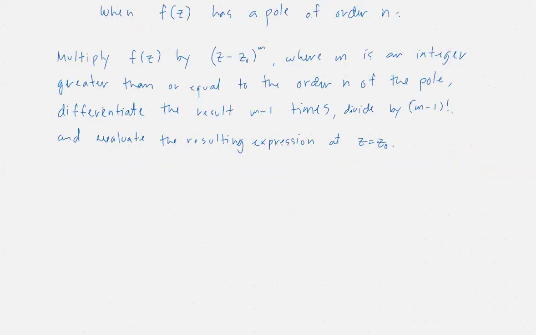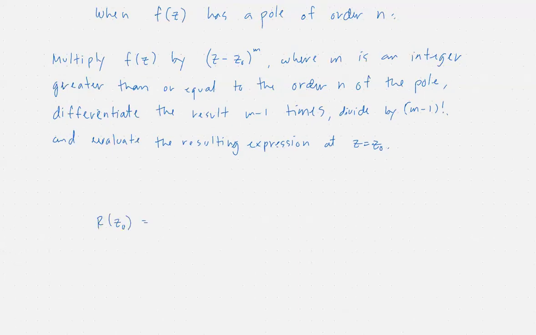First we multiply f of z by z minus z sub 0 raised to m, where m is an integer greater than or equal to the order of the pole.